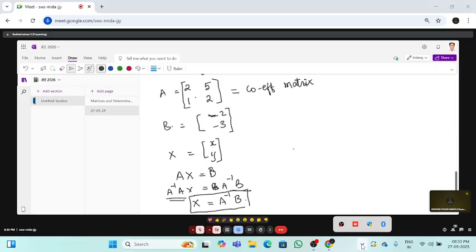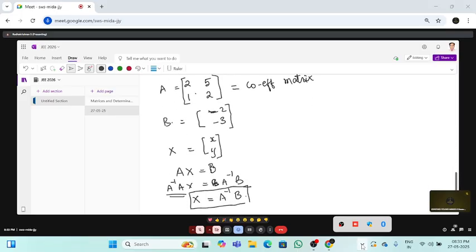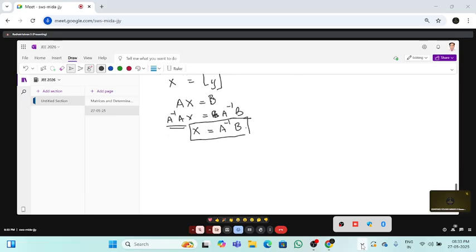Now let's solve this problem. Given A is 2, 5, 1, 2, what is A inverse? The steps are: first write the minor matrix, 2, 1, 5, 2.